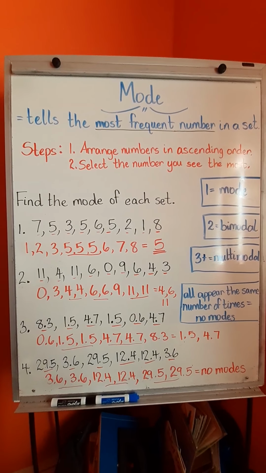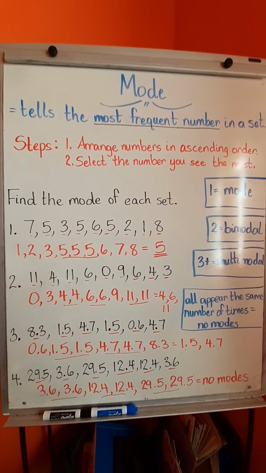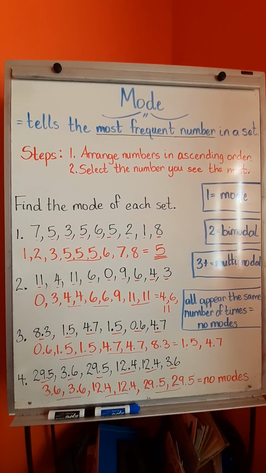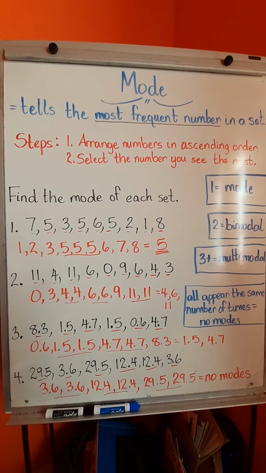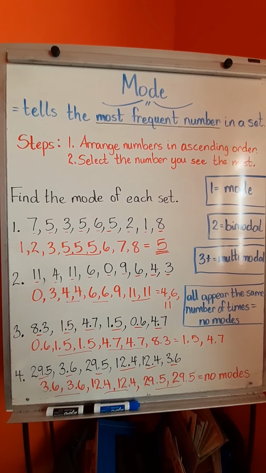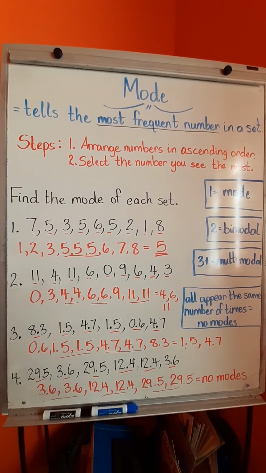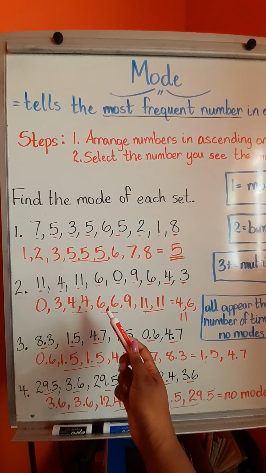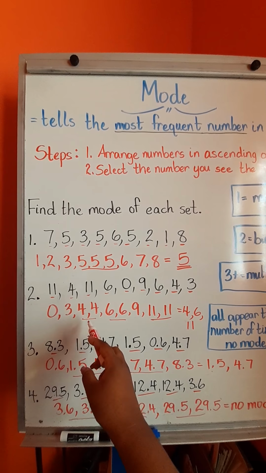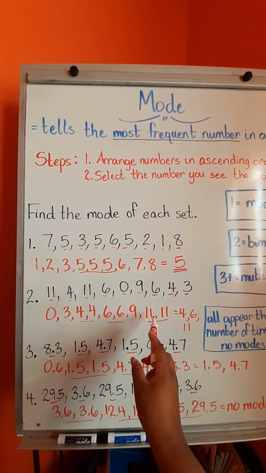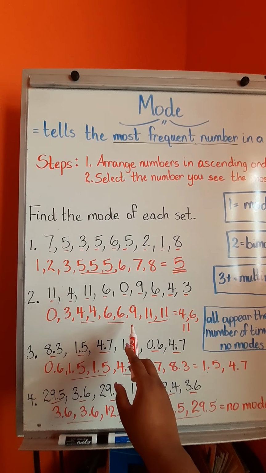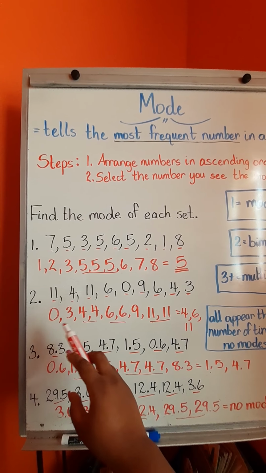If you have one answer, it's called the mode. It's a mode question. And if you have 2 numbers that you see the most of, it's a bimodal question. If you have 3 or more that show the same, like we did in number 2, where we had 2 4s, 2 6s, and 2 11s, but look, we still had 1 9, 1 3, and 1 0.